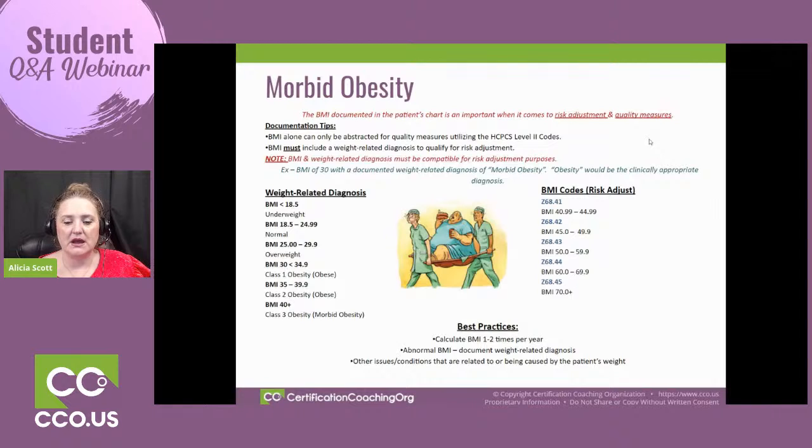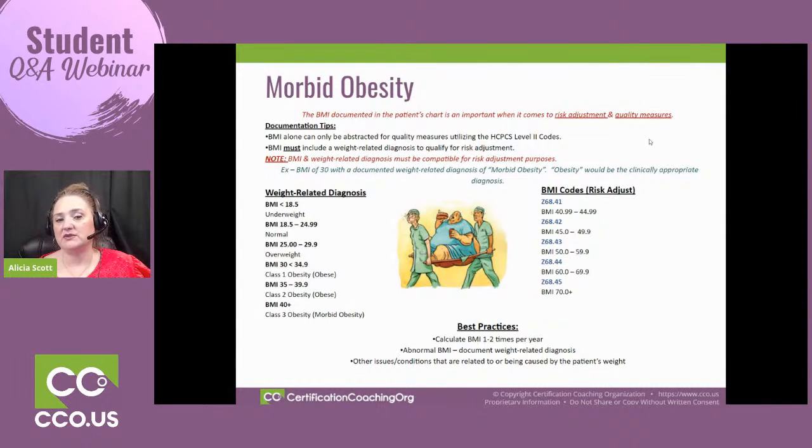With abnormal BMIs, you want to make sure that your provider is always documenting weight-related diagnoses and then other issues or conditions related to the patient's weight. Now, I like to also mention, and you want to let your providers know, that when your patient gets a BMI that is below 19 or 18.5 and they're underweight, if you see that, that doesn't risk adjust.